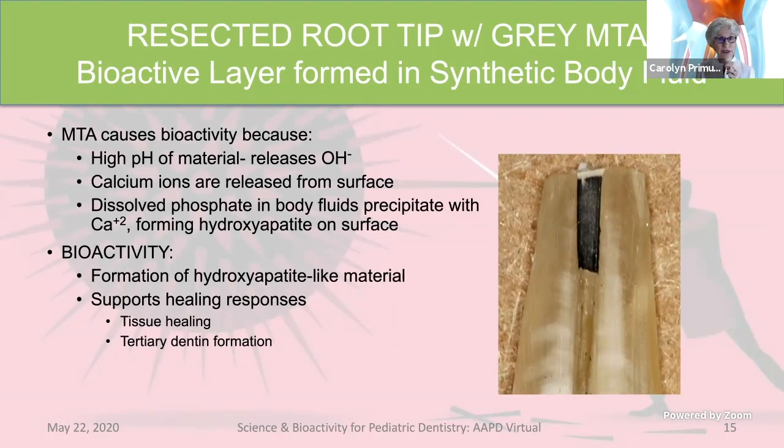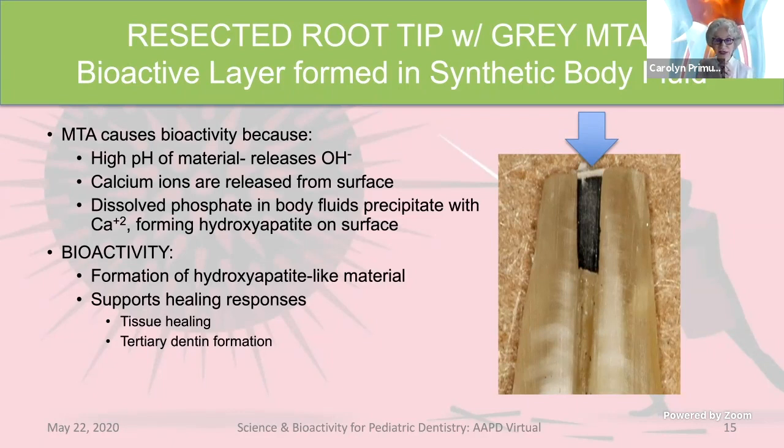And after a few days, we sectioned it sagittally, and you can see this white layer that's present over the gray material, which is the MTA. And that is the hydroxyapatite that's formed on the MTA.